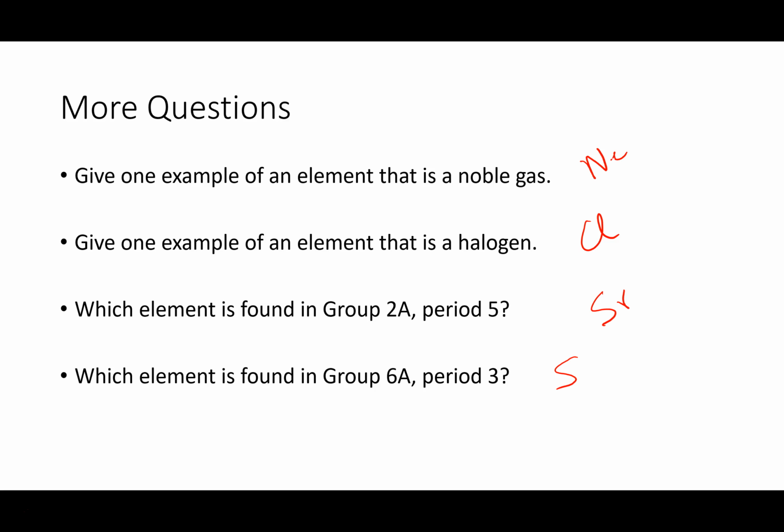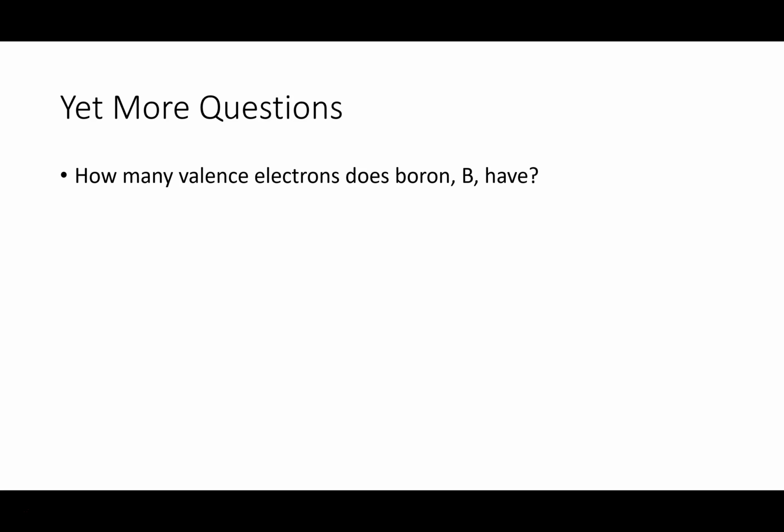Okay. Then we're back over to you, Ian. How many valence electrons does a boron atom have? Does that one have the A's and such on it? Yep. So he's going with 3, me too.